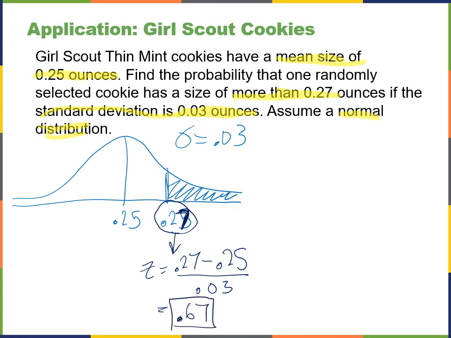Okay, 0.67. So now when I look this z-score up in my table, it will tell me the area to the left. I'm a positive z-score, so I'm on the positive side. I look it up, 0.67, and I come up with an answer of 0.7486.